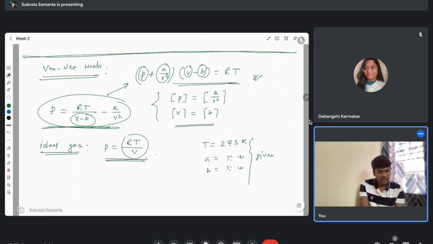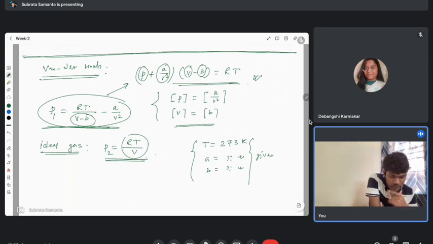You can say this naively, but you have to do exact calculations. Take T equal to 273 Kelvin and take A and B. If we choose proper values of A and B, we can calculate and compare P1 to P2. You know R.